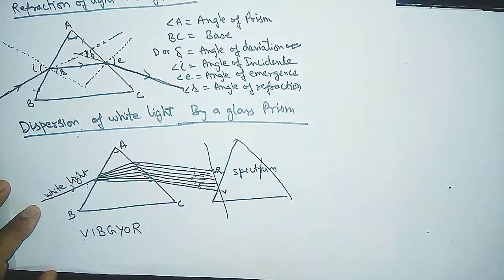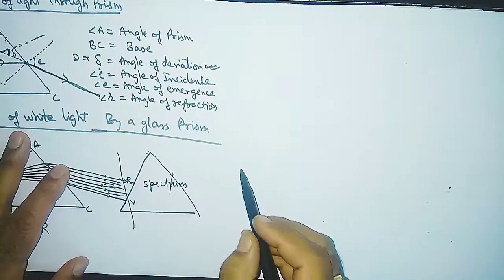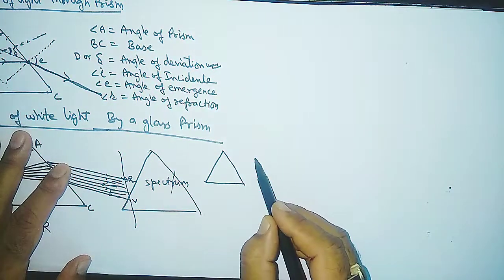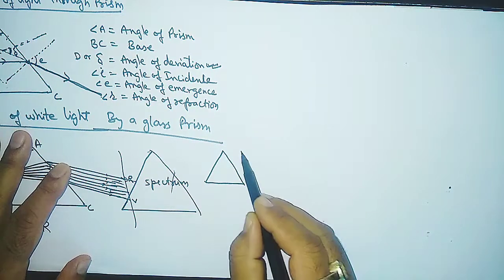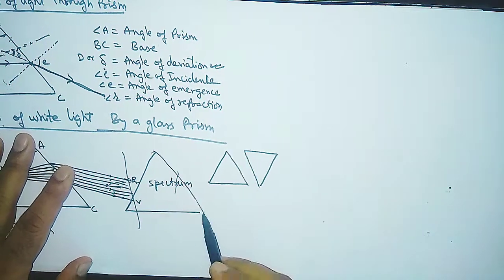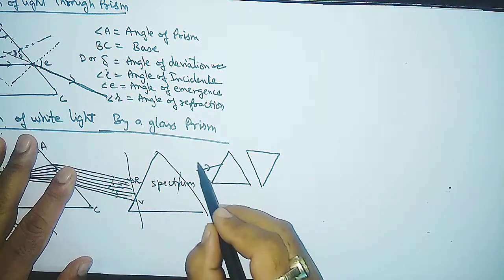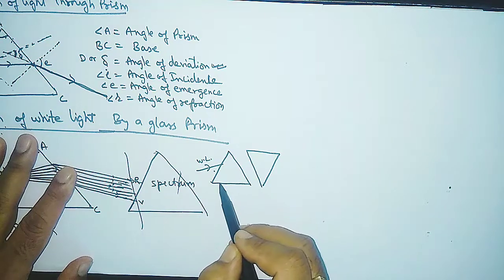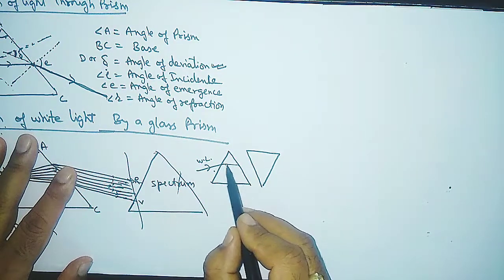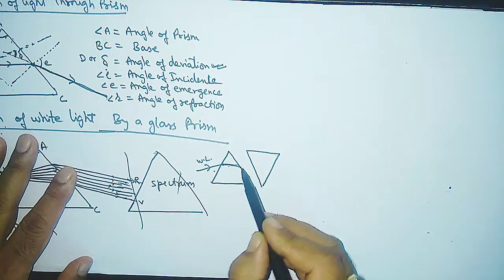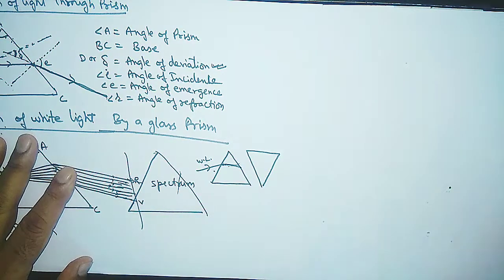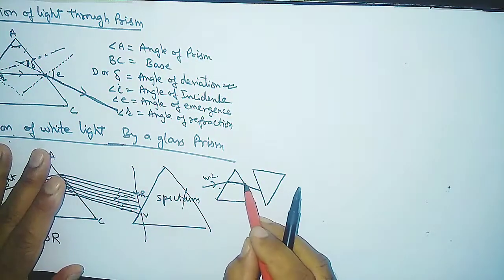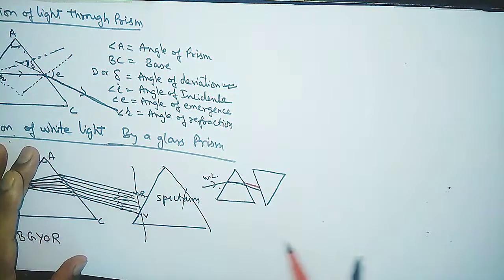Now what he did after that, he did another experiment, that is taking the first prism like this and the second prism just inverted. Okay, so when the white light is incident on the first surface of the first prism, it is refracted, and he receives 7 colors, from the violet to the red color.